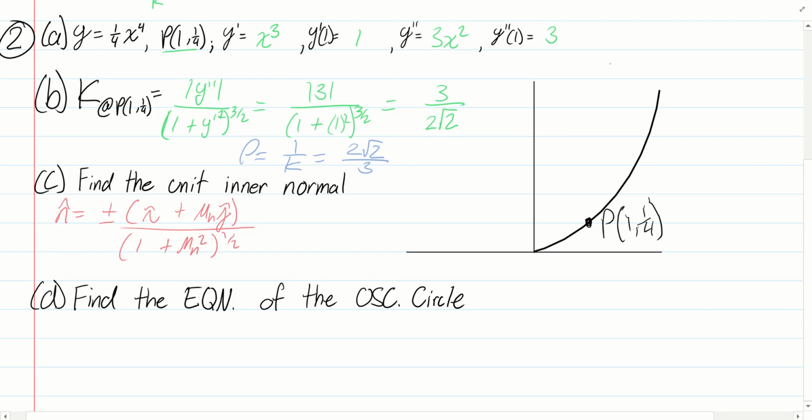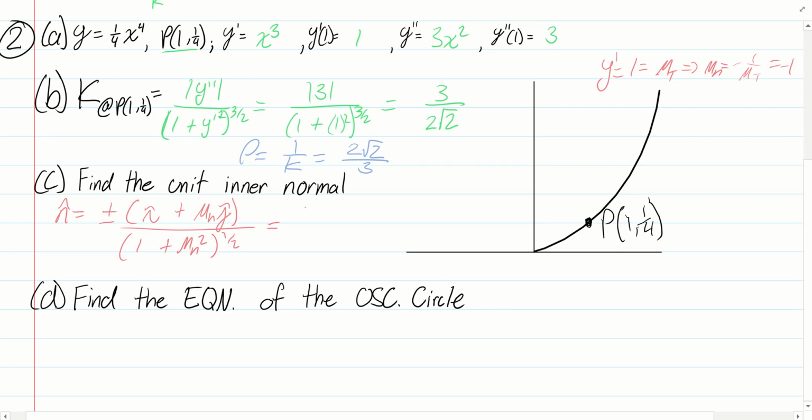So y prime equals 1, which equals m_t, which is the tangential slope. So what is tangent to that point at point 1, 1/4, and m_n is going to be normal to the tangent, so it's going to be the negative reciprocal, 1 over m_t, which will just equal negative 1.